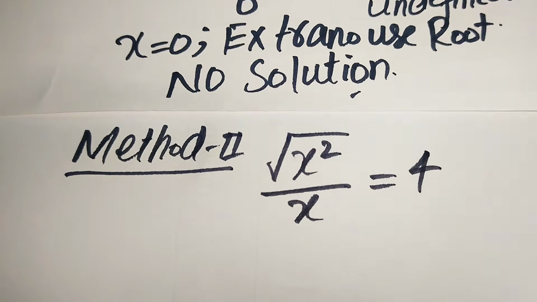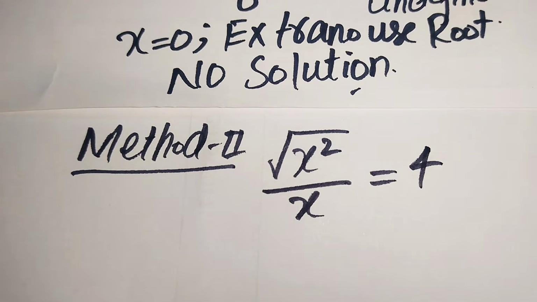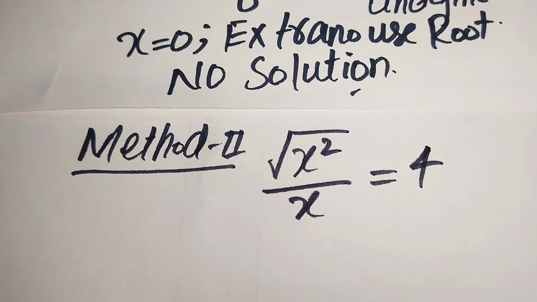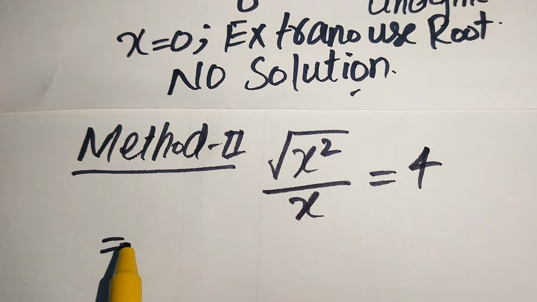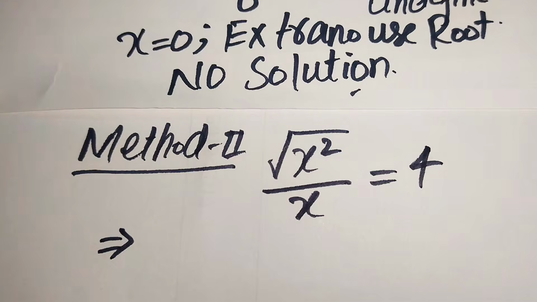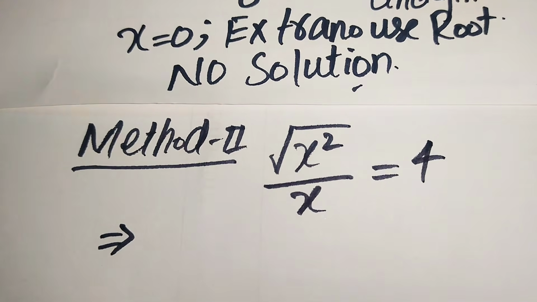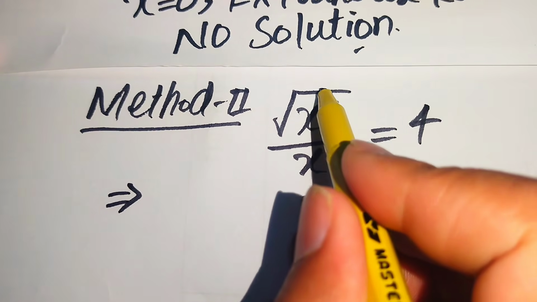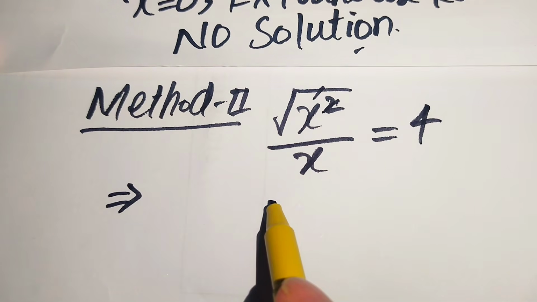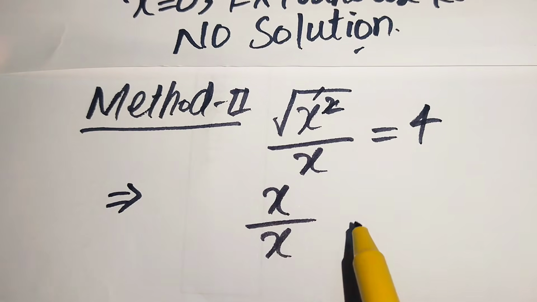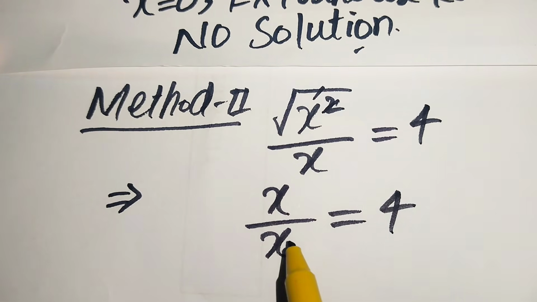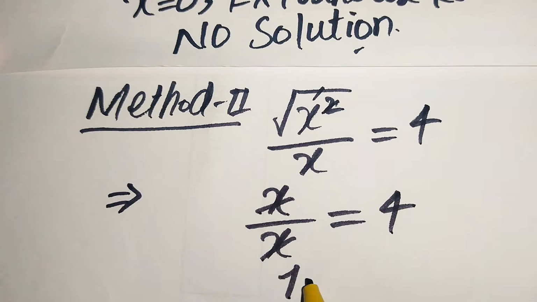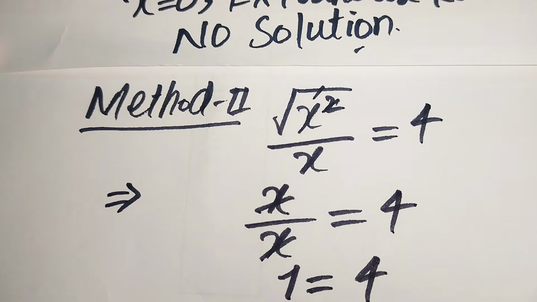This is our given question statement, and our second method is the straightforward, quick method. So here we quickly determine the solution set of this problem. For this, you see that this 2 and square root cancel out by each other, and we get here x divided by x is equal to 4. So this x and this x are gone, and we get 1 is equal to 4.